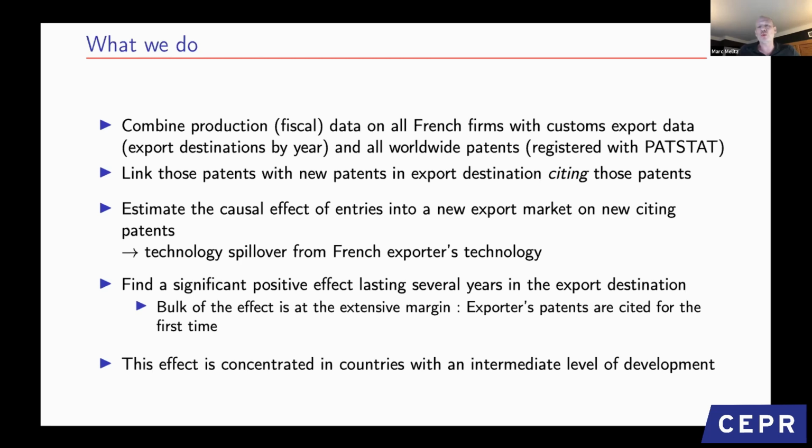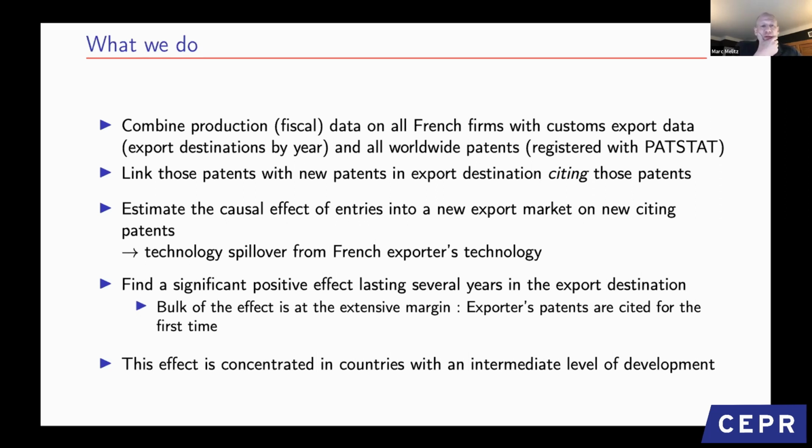We're going to think of a spillover link when a new patent in this destination is citing specifically the patent of this French firm. So I'll often talk about these citations. When I say the citations, it's actually a new patent, a new innovation, but it's one that is specifically referencing another innovation, a patent by a French exporter.